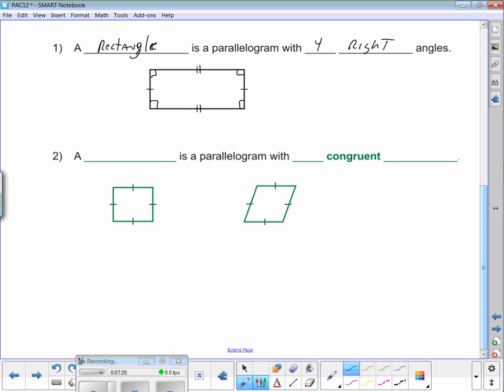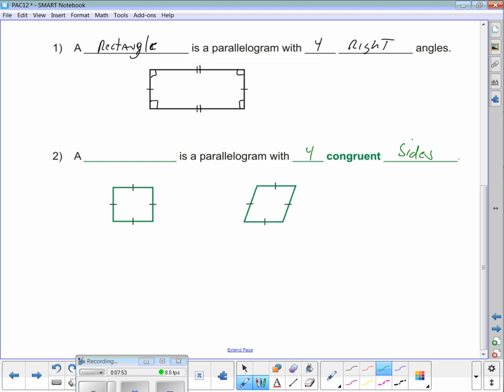All right, so everybody knows a rectangle. Now we've got another parallelogram. So what do we call a parallelogram with 4 congruent sides? Don't say it out loud. Both shapes are this, the one on the left and the one on the right.